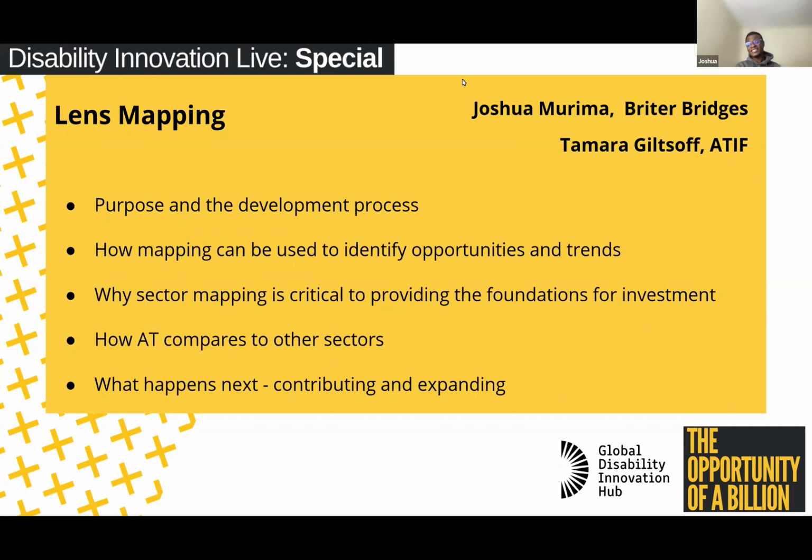So the AT sector mapping really has helped us to discover both existing and new players within the different disability domains. It has also helped us to find business models that work and are worth replicating across emerging markets.